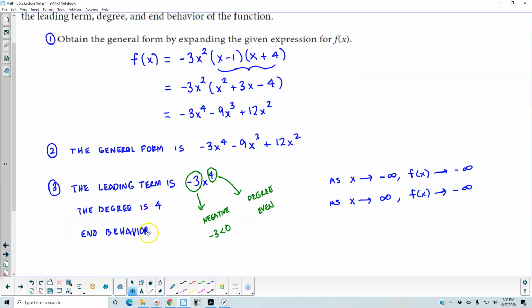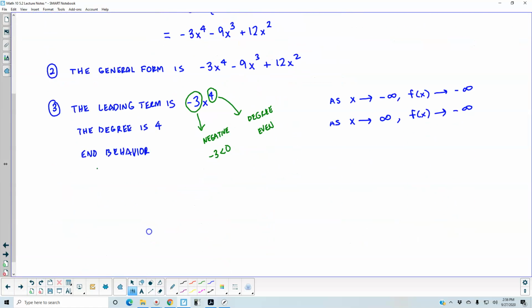So in our scenario, the end behavior would then be the following: falling on the left and falling on the right, which means that as x approaches negative infinity on the graph, then the function is going towards negative infinity. And as x approaches positive infinity, then f of x is approaching negative infinity.